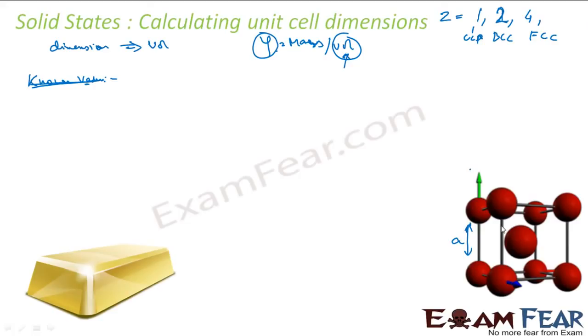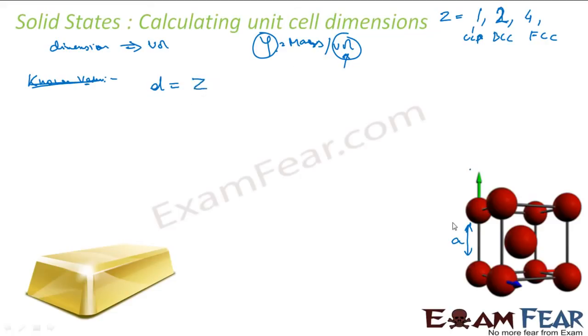So for a given cube, let's do a general formula. Density, rho, is equal to mass by volume. What is the mass? Mass is the number of atoms you have into the mass of one atom. So what is the number of atoms? Number of atoms is Z here.